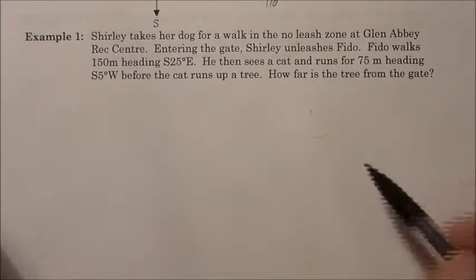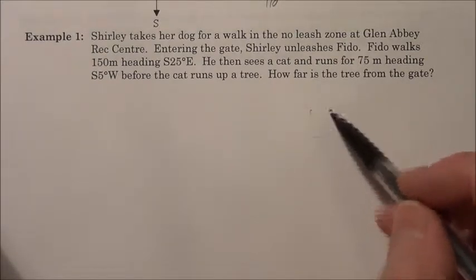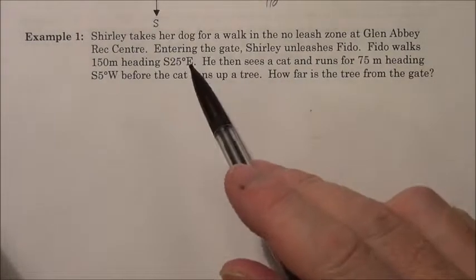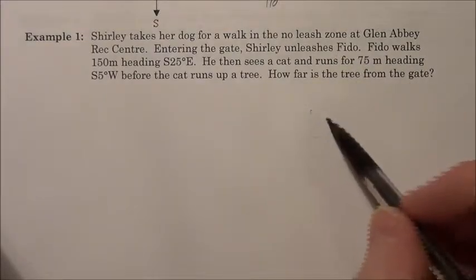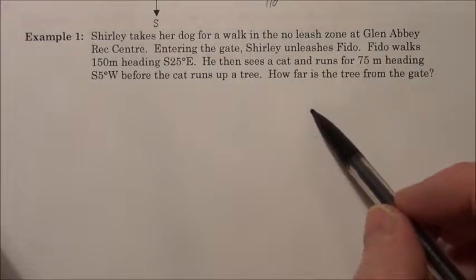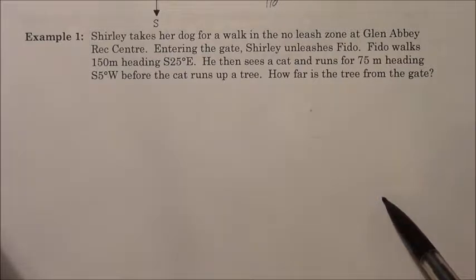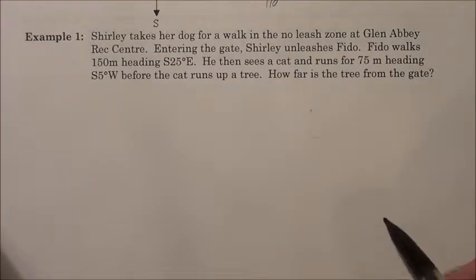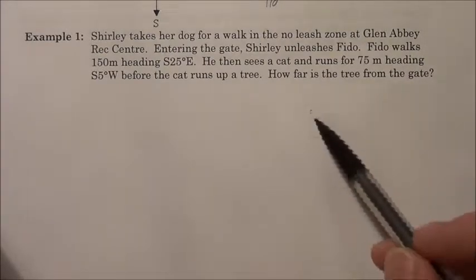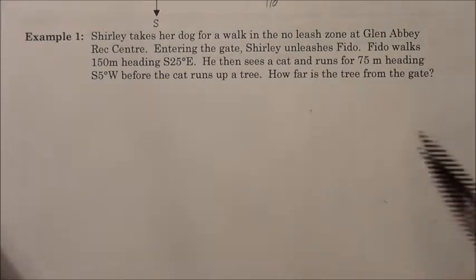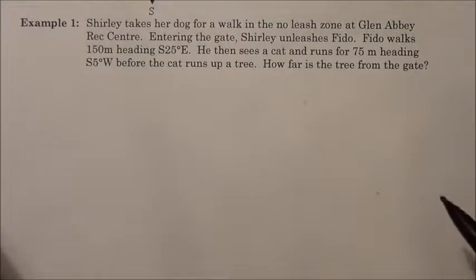Okay, so I'm going to draw a little compass rose here to get the cardinal directions, so I can draw that, but I just want to kind of visualize it first. So he's going to be going 150 meters in that direction. Then from there he sees the cat and goes south 5 degrees west, so he's going to be going in that direction. So if I start with the gate here, it looks like I'll have enough space on my diagram.